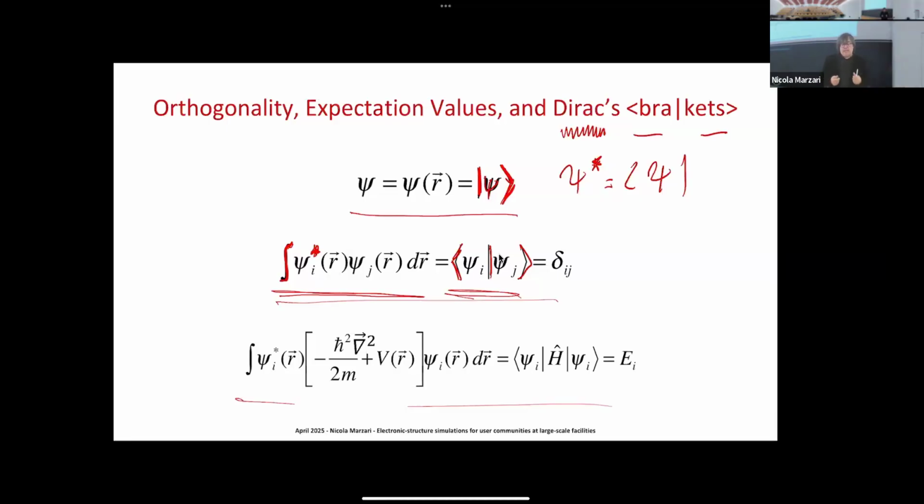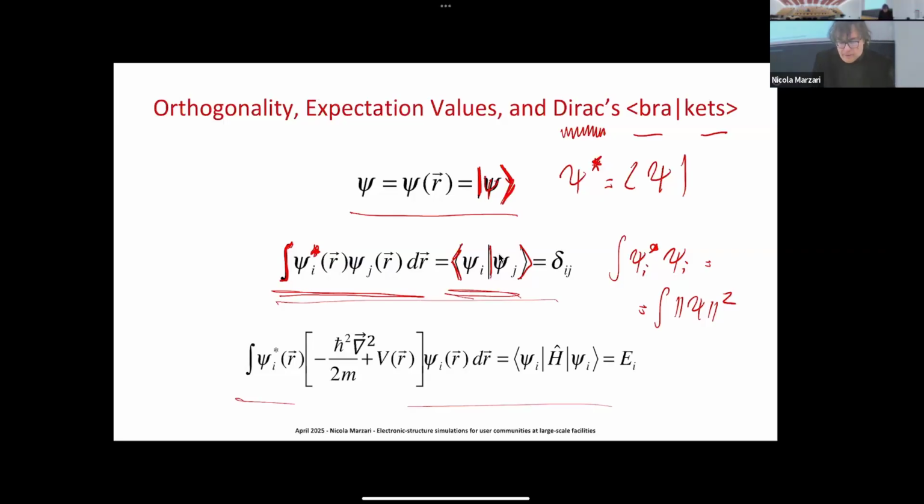And we say that a wave function is normalized if the scalar product with itself, the integral of psi complex conjugate times psi, which is the integral of the norm, is equal to 1.